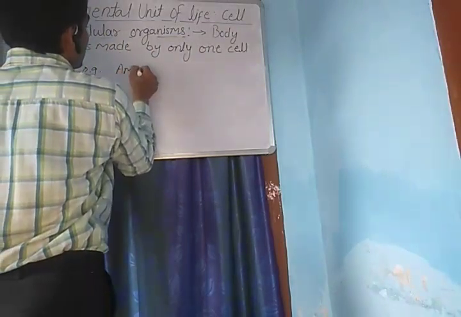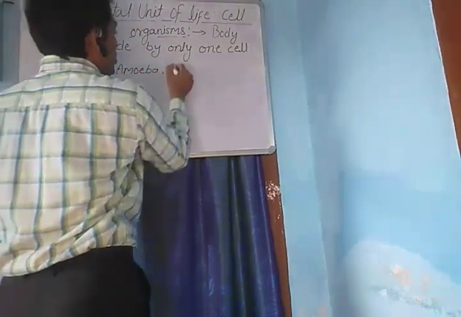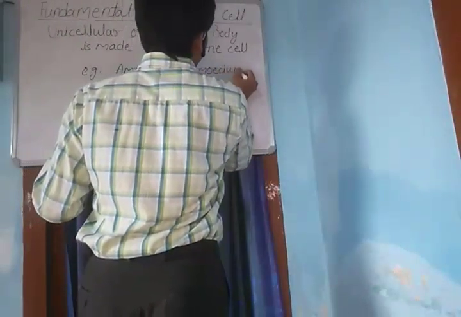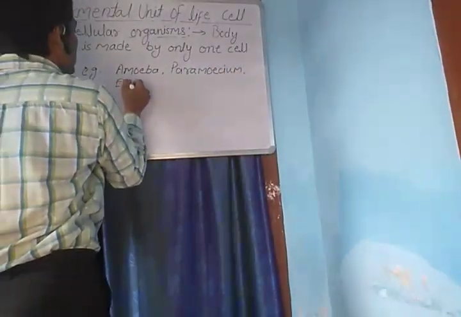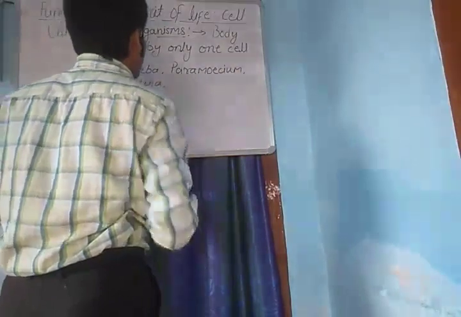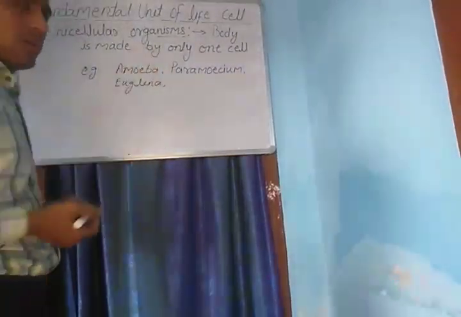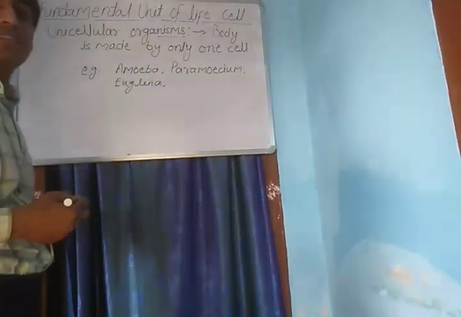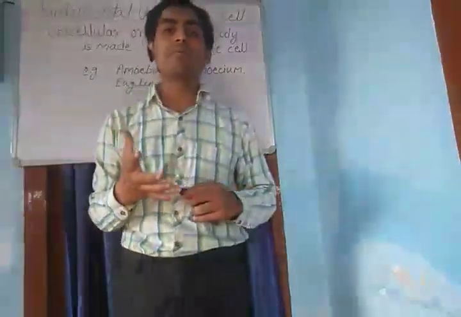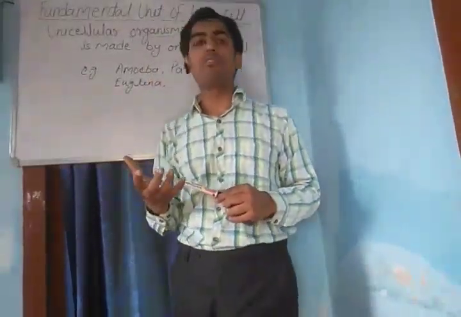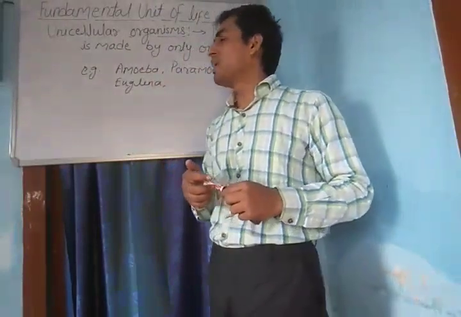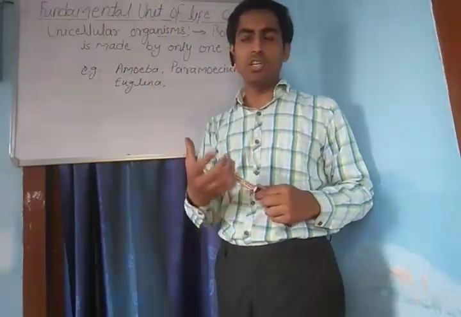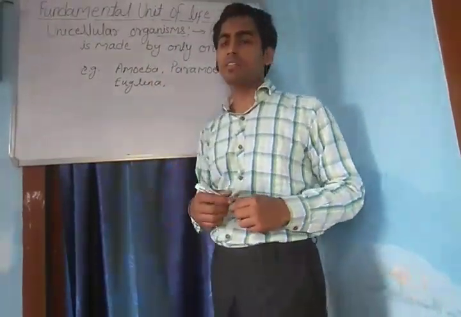The examples of it are amoeba, paramecium, euglena, chlamydomonas, and so on. One cell is able to perform all the functions of life, like taking food for nutrition, respiration, excretion, and others.